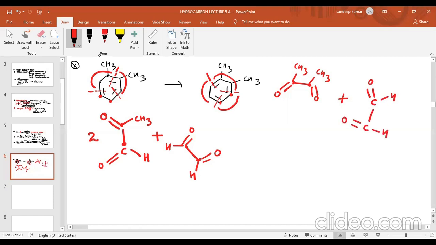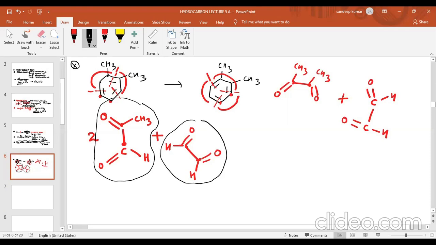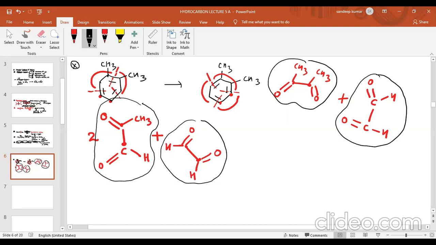How many different products are obtained? See, different products. One product is this one. This is different. One product which is different is this one. Now see, this product and this product obtained are same. This product and this product are obtained same, while this product is also different. So how many different products are obtained? 1, 2, 3. So my question is, how many different products are obtained?